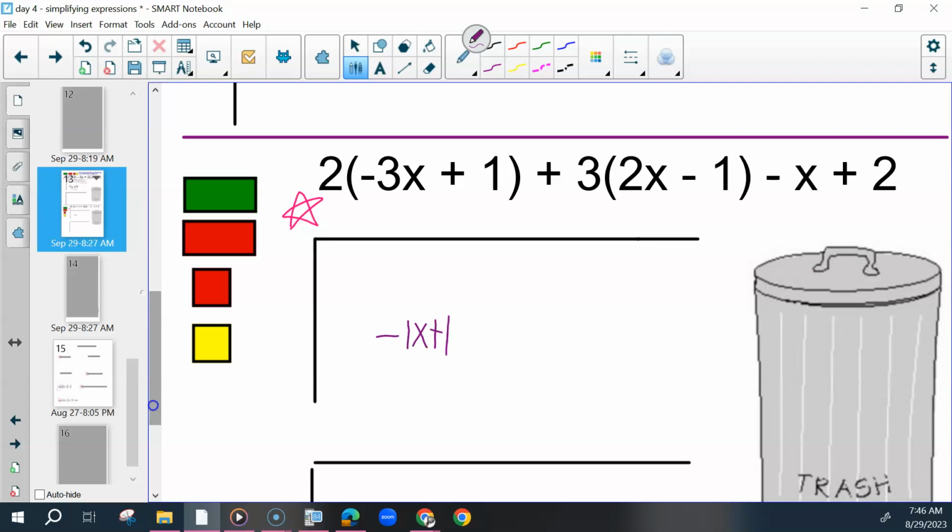Do we agree or disagree with that answer? Some agree. Does anyone need me to do this one so you see? Anyone need me to do that one?